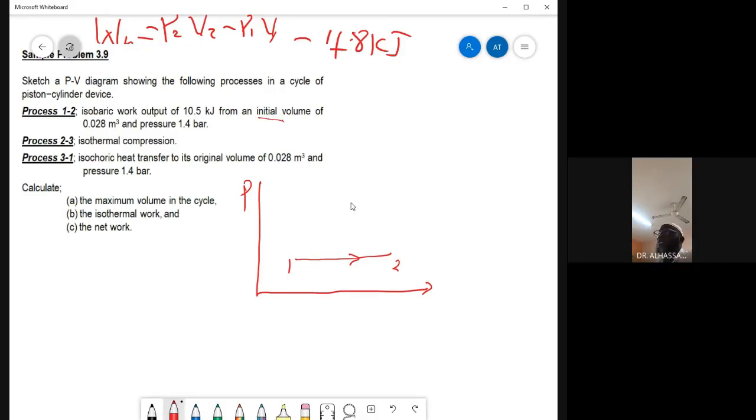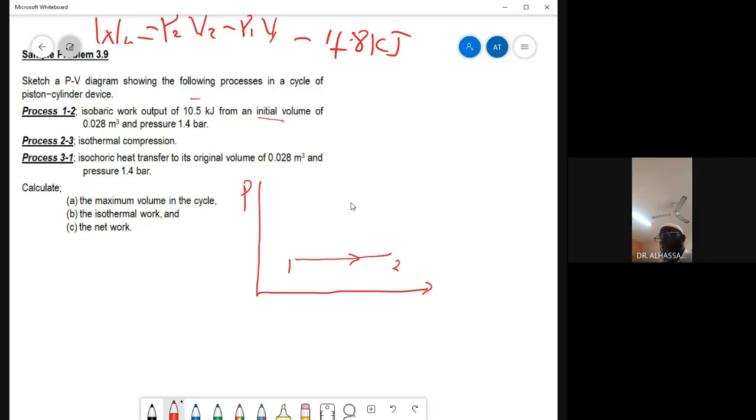Constant pressure, with an initial volume of 0.028 and a pressure of 1.4 bar.